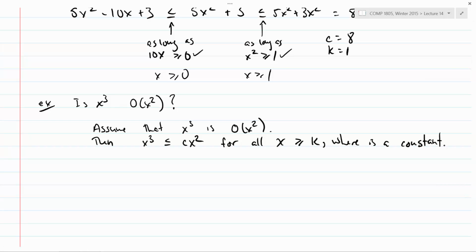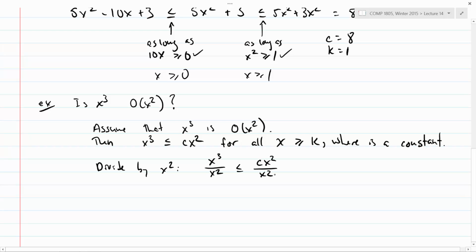So now I have this inequality, and I'm going to divide through by x squared. So that's x cubed divided by x squared is less than or equal to c x squared divided by x squared. Right? I can divide both sides of an inequality by something. Now that's technically only true if x squared is bigger than 0. But is x squared always bigger than 0?